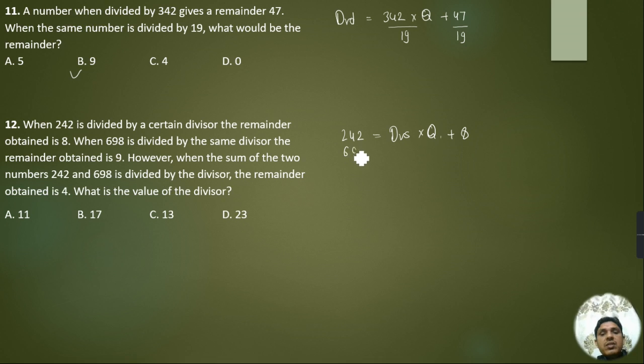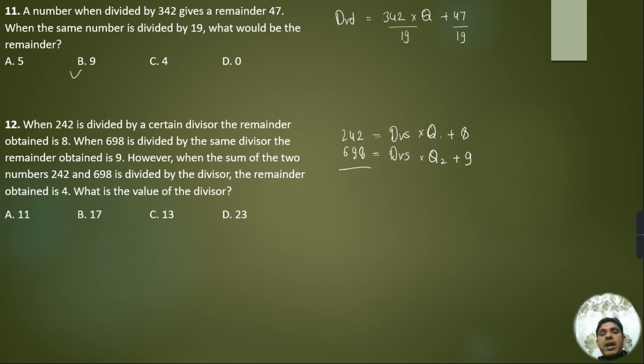When 698 is divided by the same divisor, the remainder obtained is 9. So here this must be q2. However, when the sum of the two numbers, 242 and 698, is divided by the divisor, the remainder obtained is 4. So what is the value of the divisor?